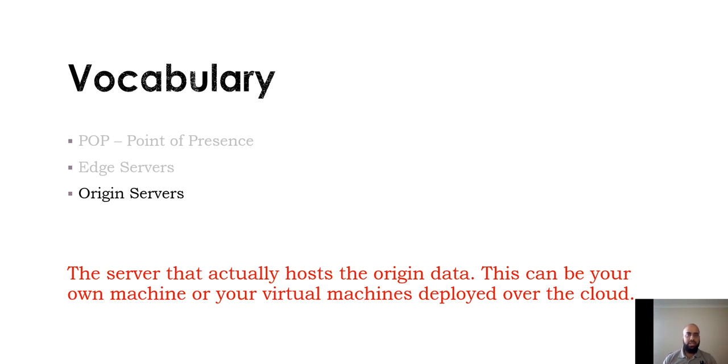But that doesn't allow me to replicate all of that information across different geographical locations. So this origin server, which holds the hosted data, where you first deploy everything, is known as the origin server.